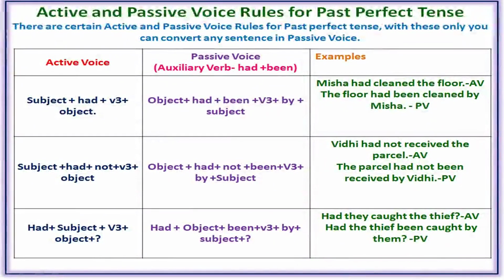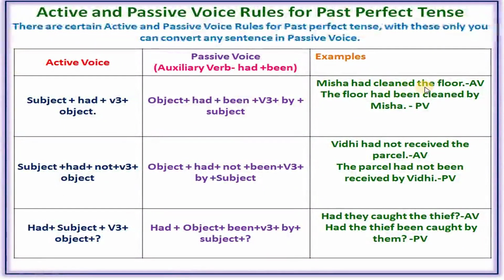Past perfect tense. Here also it is the same, instead of have forms, have or has, here only one form is there, that is had. Active voice formula: subject plus had plus V3 plus object. And then the passive voice: object plus had plus been, which is compulsory, plus V3 plus by plus subject.